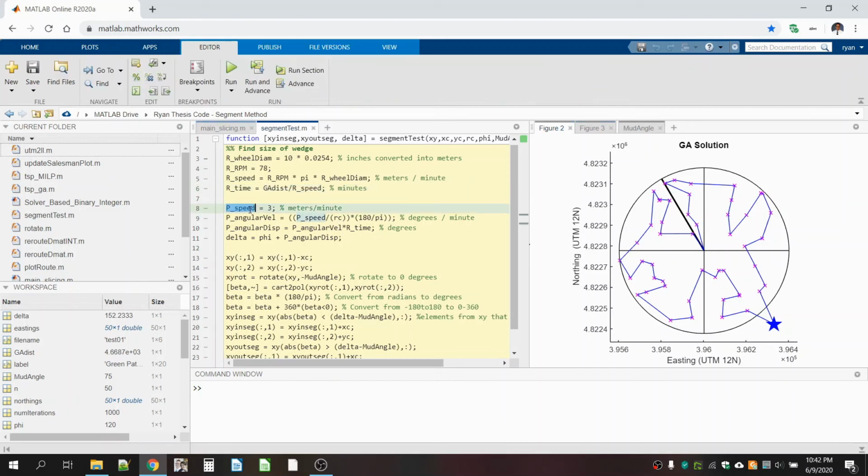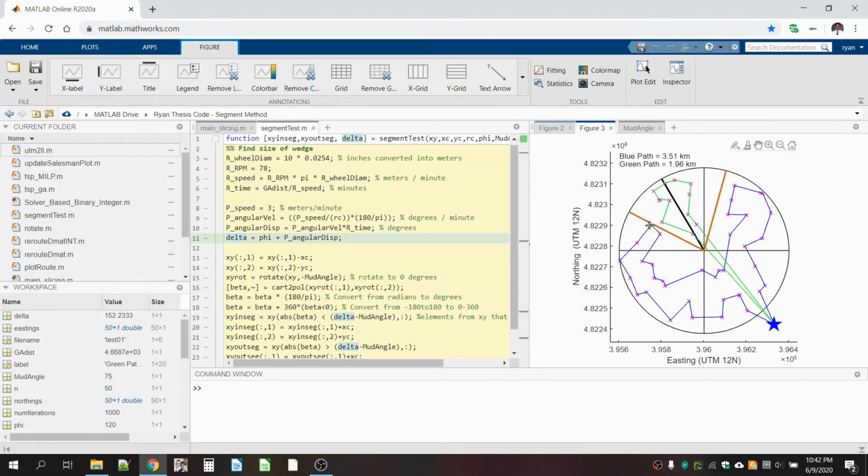Okay, so P speed is the speed of the irrigation line, and this code is just finding delta, the new location of the irrigation line after the robot would have gone to every single plant, which you can't do, but we're just using that amount of time as a rough estimate.